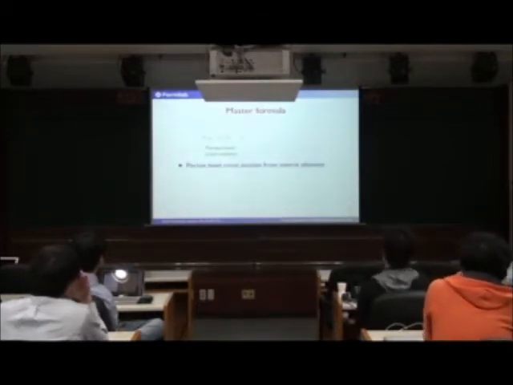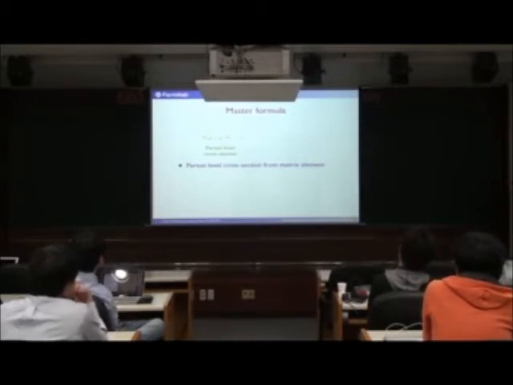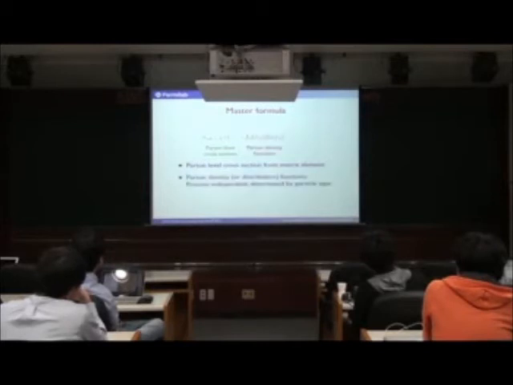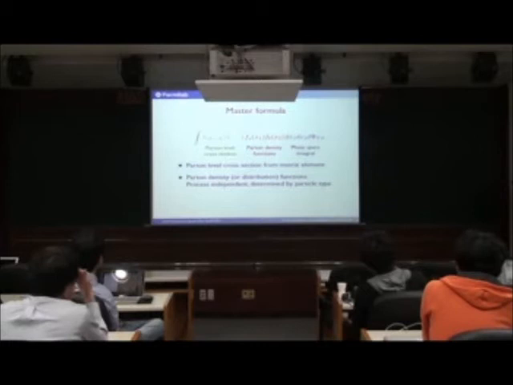So the master formula for physics at the LHC is the following. We start out with the parton level cross-section, which comes from a matrix element. Then we have the parton density functions, which are process independent and depend only on the type of the particle, A and B. A and B can be quarks or gluons. Then we need a phase space integral.